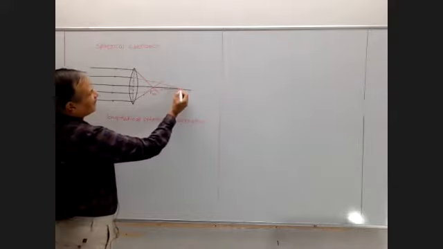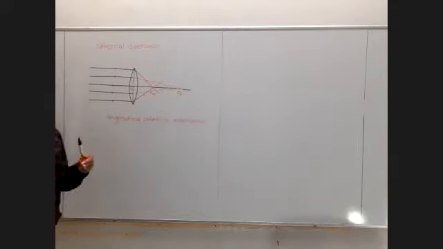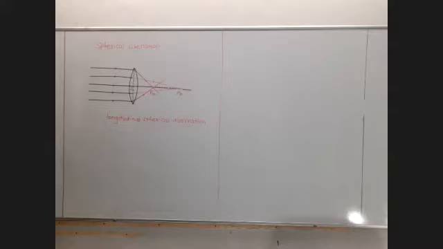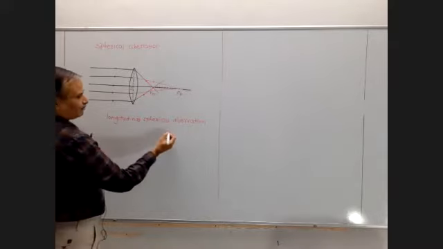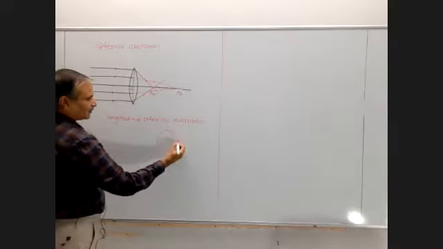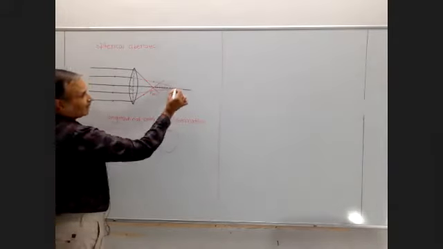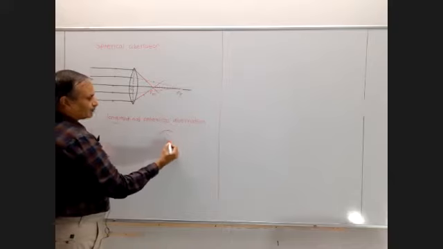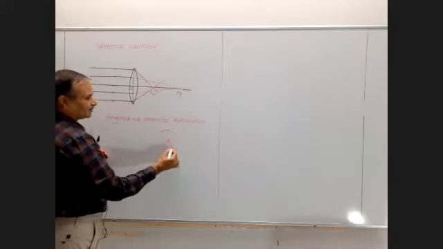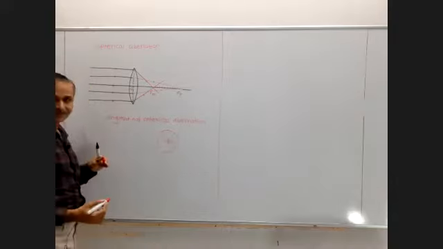Now the rays which meet at the far distance, that is paraxial rays, so actually they form a circle of the different color. It's like this. So instead of a sharp image here, different colors are obtained in this particular region in a circular part.